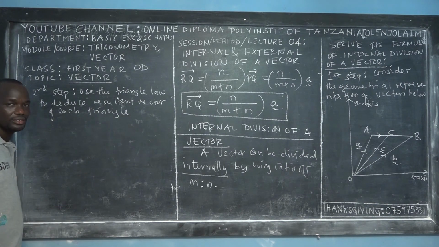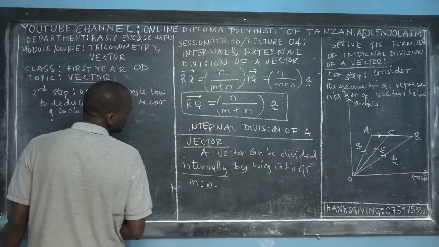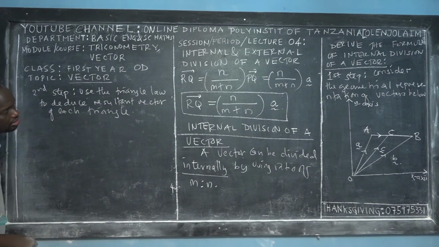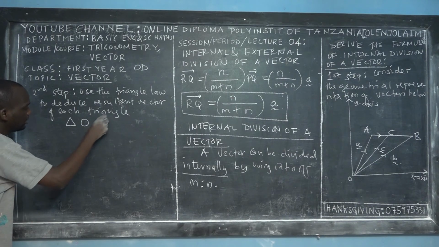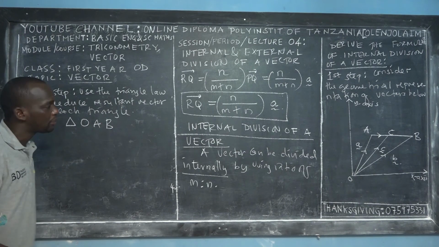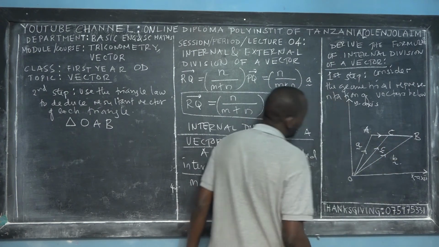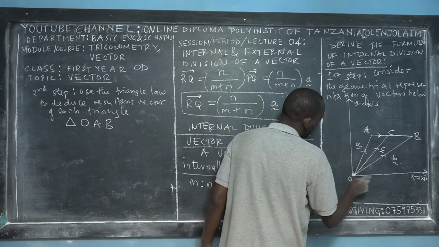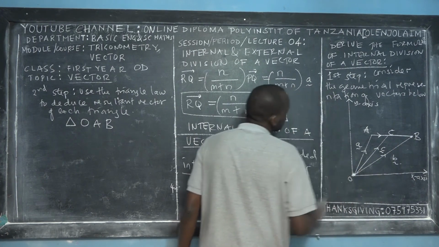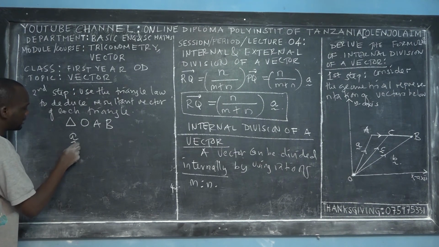Look carefully. How many triangles do we have? 3 triangles. So let us start with the large triangle, triangle OAB. We apply the triangle law: the initial point and the final point give our resultant vector.